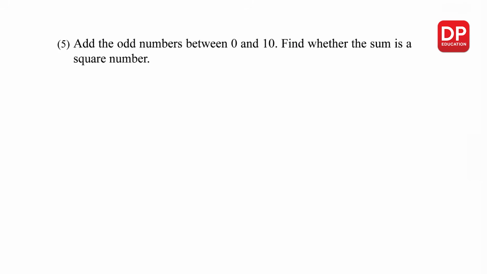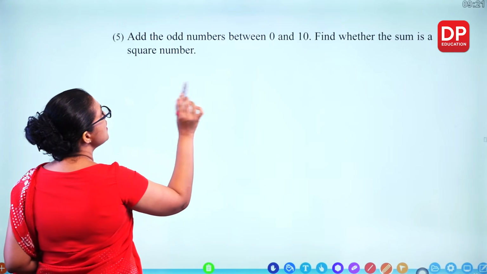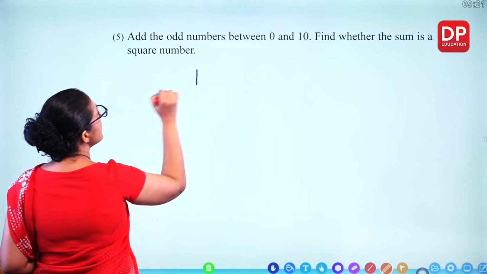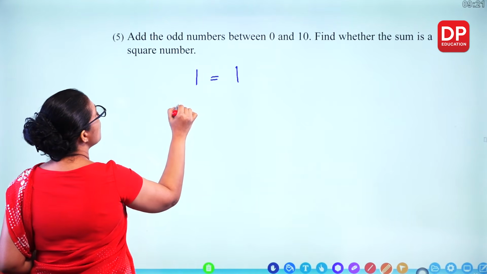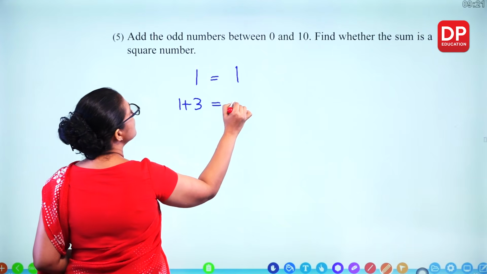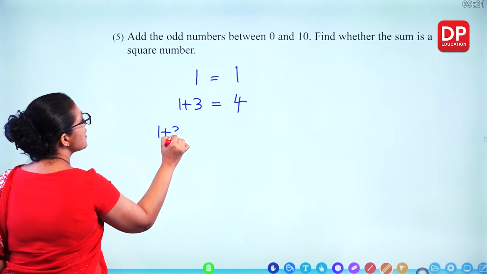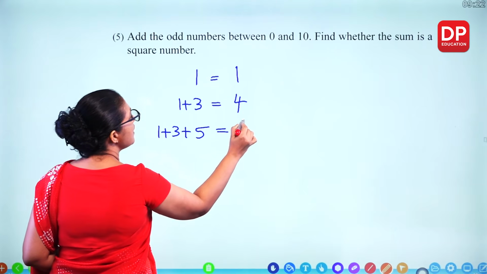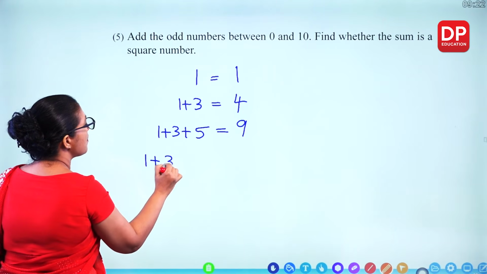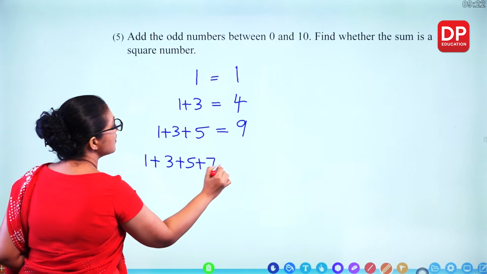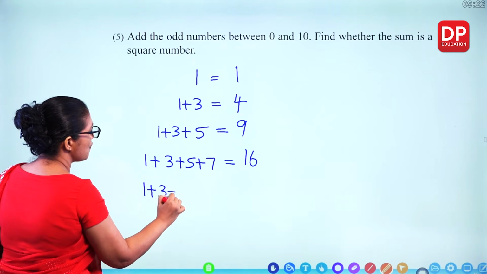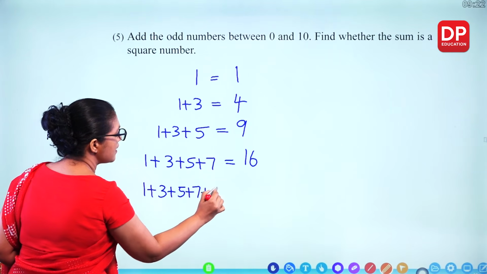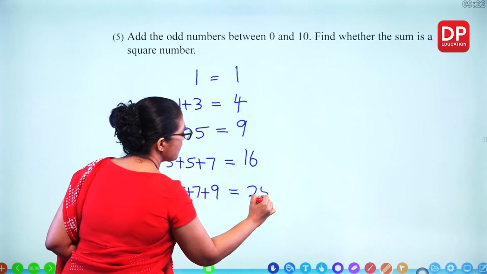Add the odd numbers between 0 and 10. Find whether the sum is a square number. In between 0 and 10 means you can't take 10 also. 1. 1 plus 3, 4. 1 plus 3 plus 5, 9. 1 plus 3 plus 5 plus 7, 16. 1 plus 3 plus 5 plus 7 plus 9, 25.